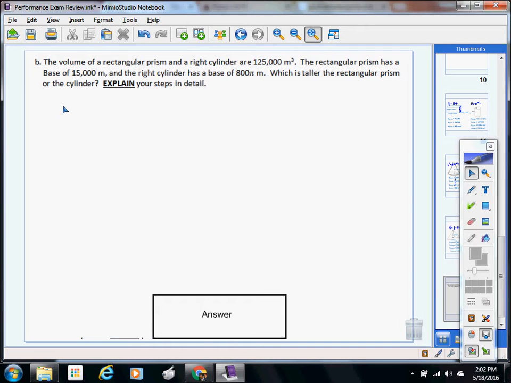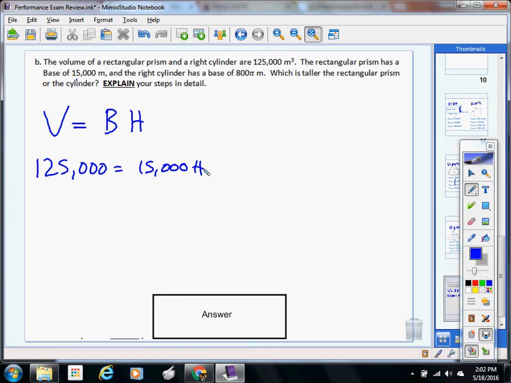So the volume of the prism is area of the base times the height. 125,000 equals 15,000 H. And the right cylinder has a base of 800 pi.